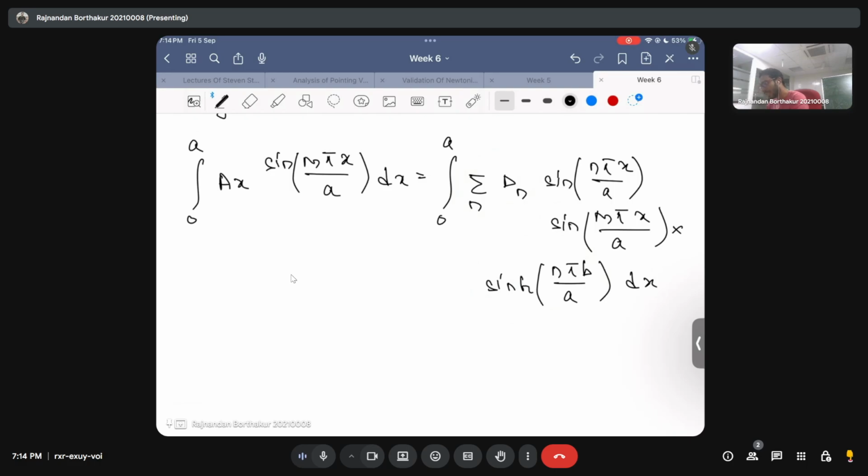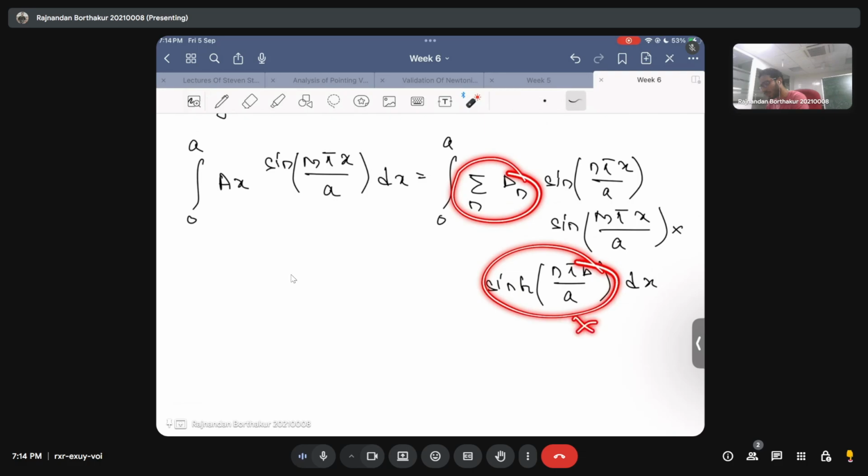So the good thing is, as I said, these dn's and this hyperbolic term are not functions of x.